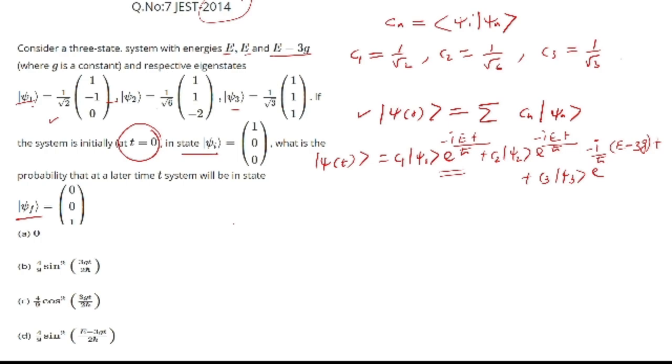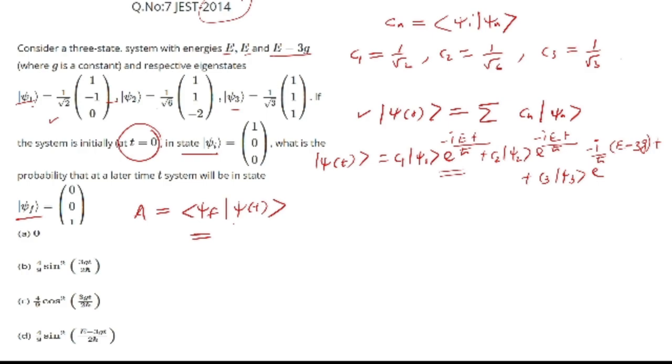Now what will be the amplitude? There is a probability amplitude. Now we have to find the probability for this state, so we have to take out the probability amplitude, that is capital A. So capital A is nothing but psi final with psi of t, the inner product of psi of t with psi f, that is the final state.